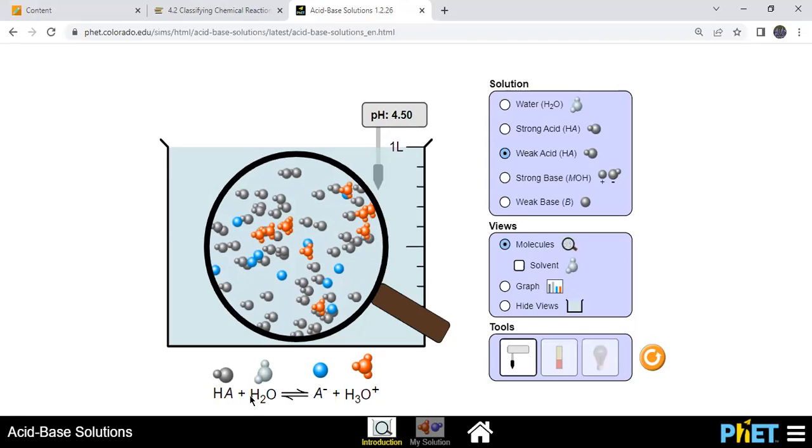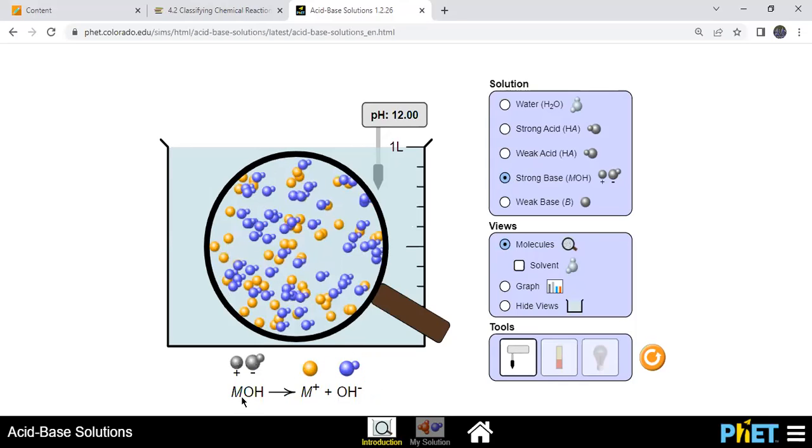And it's the same thing for strong bases. You see how this is the base. You have some metal and a hydroxide anion, preferably a group 1 metal, because we know that hydroxide is not soluble with a bunch of other metals except for barium.